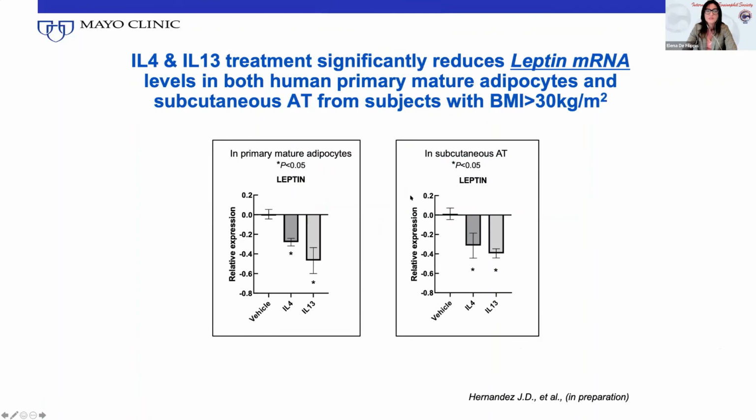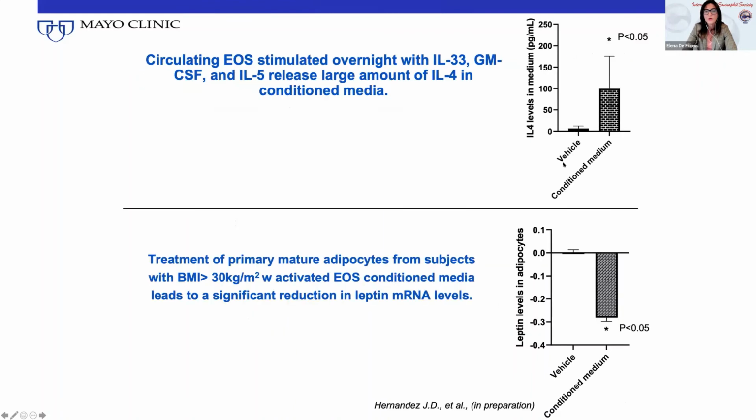So what we did is we treated these cells with interleukin-4 and 13, and we were excited to find that the mRNA expression of the leptin gene was significantly decreased in both primary mature adipocytes as well as whole fat subcutaneous adipose tissue.